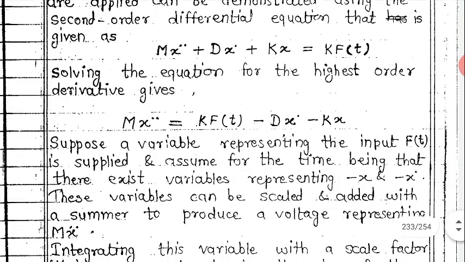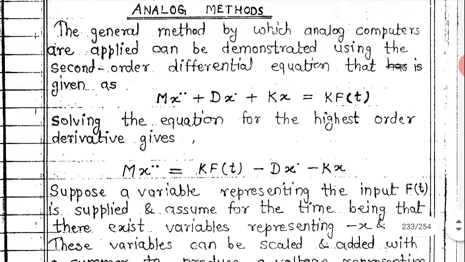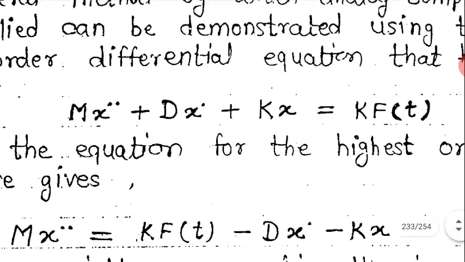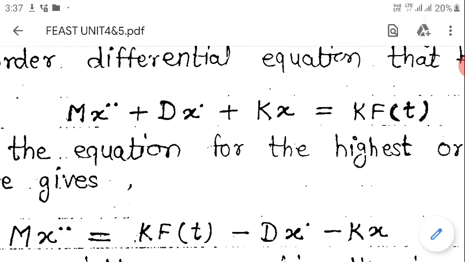demonstrated using the second order differential equation, which is given over here, and we can see this as m x double dot plus D x dot plus k x is equal to k into f of t. This system of equation is representing the second order differential equation, because here m into x double dot represents the second derivative of x with respect to time t.